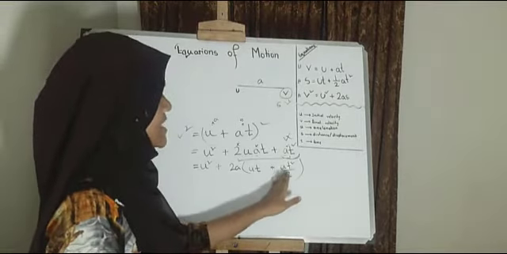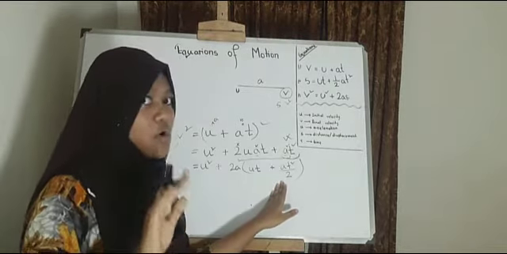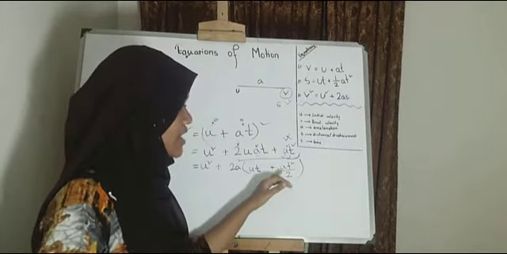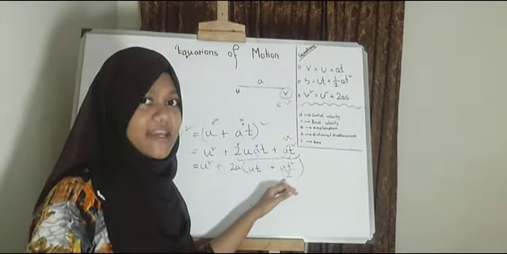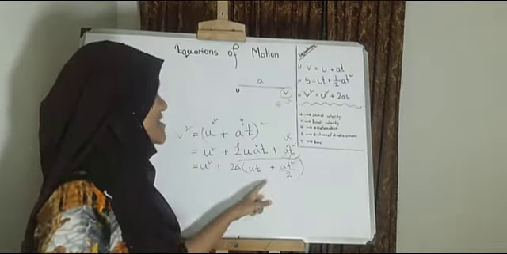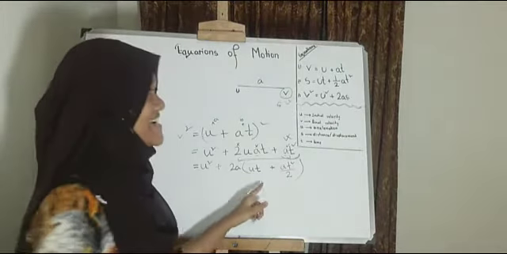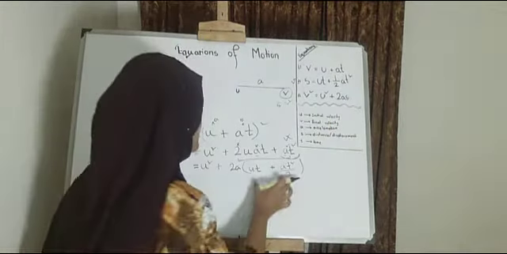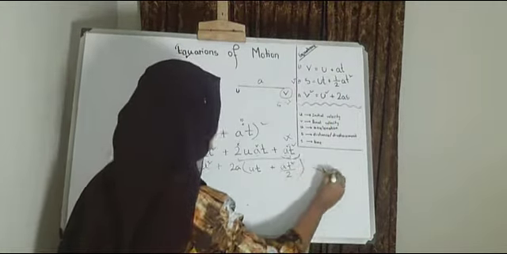ut plus a t squared divided by 2, or ut plus half at squared. Is there any formula for that? Yes, of course. This is number 2, which is s equals ut plus half at squared. So this actually means s.